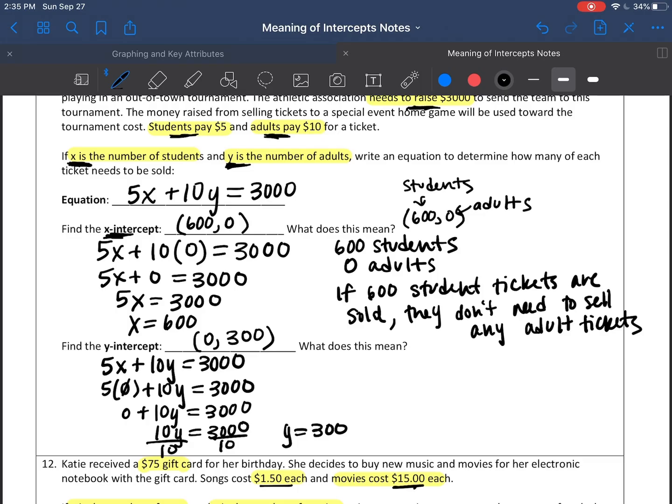And so again, what does this specific point mean? The y variable is the number of adults. And so if we look at this, that means 0 students for the x, 300 adults for the y. And so the meaning of this, just like we said, if 600 student tickets are sold, they don't need to sell any adult tickets.